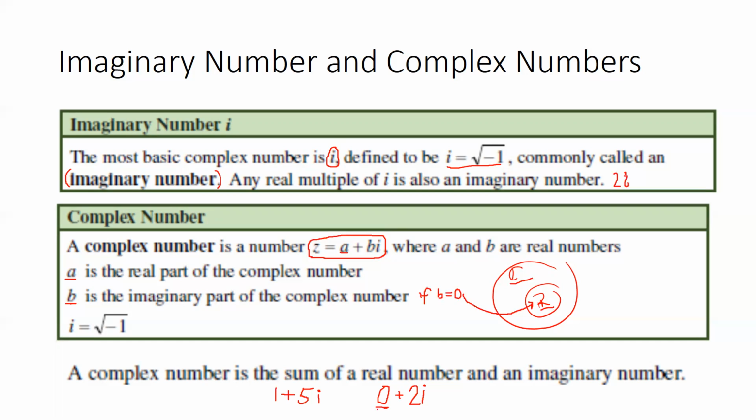Then the real part of this number is 0, and the imaginary part of this number is 2. Note, I didn't say 2i. I said the imaginary part of this number is 2.